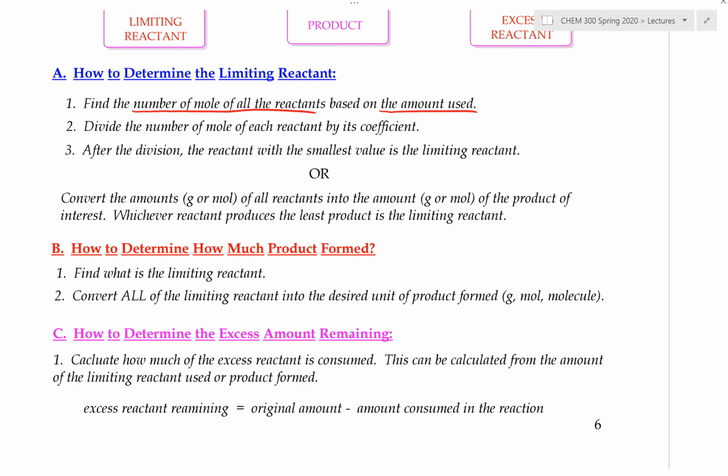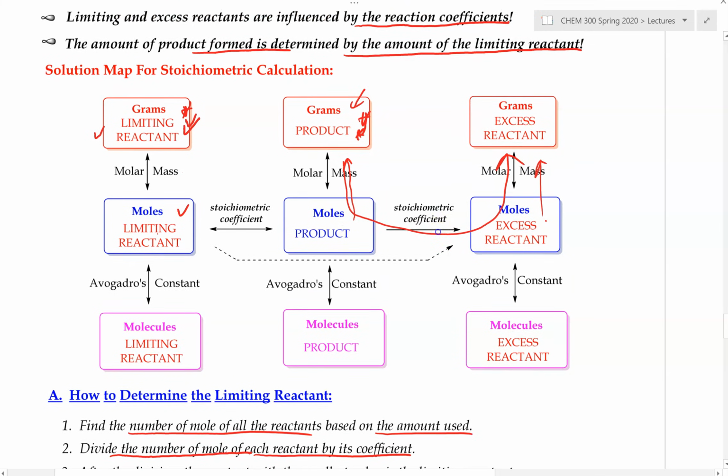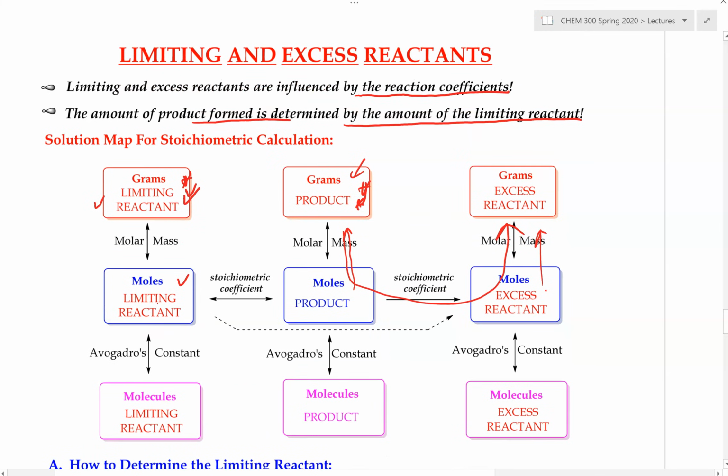And after we have the amounts of all of the reactants in moles, we will then divide the number of moles of each reactant by its coefficient in the balanced equation. So once we have the balanced equation ready, what is the coefficient in front of each of these reactants? And again, we saw earlier that the coefficient from the balanced equation can have a huge influence on what the limiting reactant is, right?